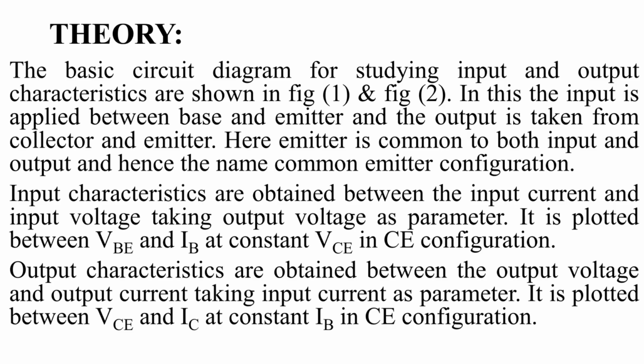It is plotted between VBE and IB at constant VCE in CE configuration. Output characteristics are obtained between output voltage and output current by taking input current as a parameter. It is plotted between VCE and IC at constant IB in CE configuration.